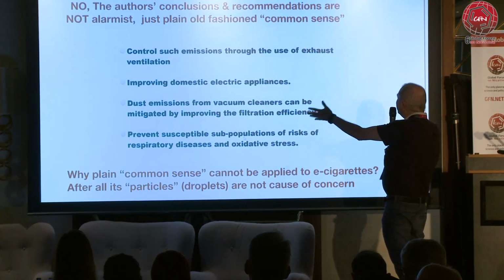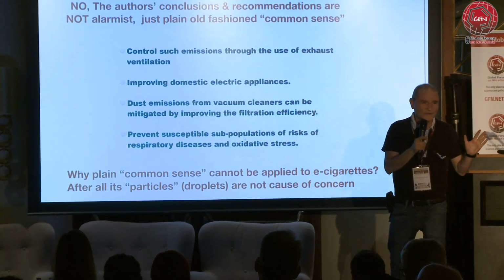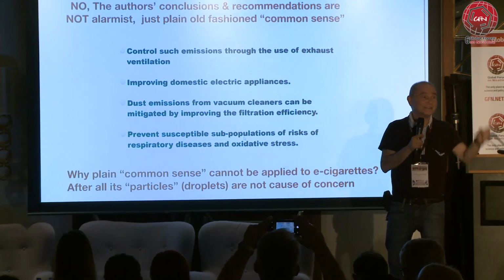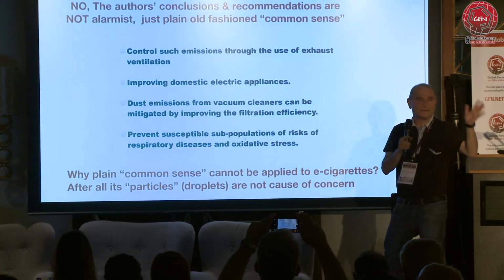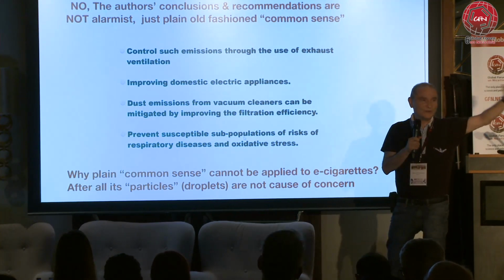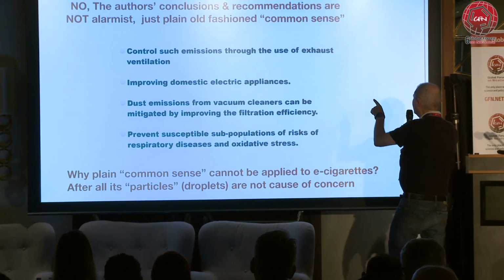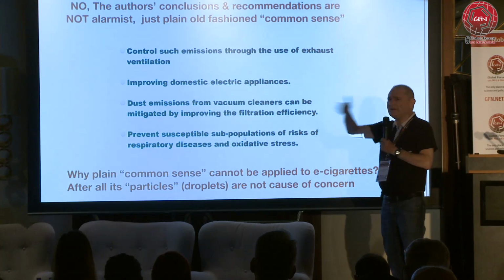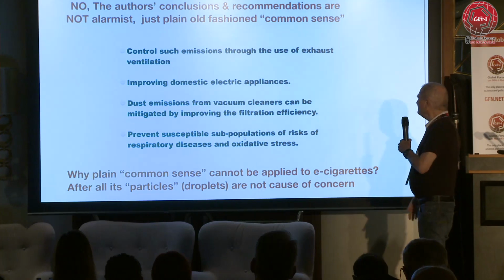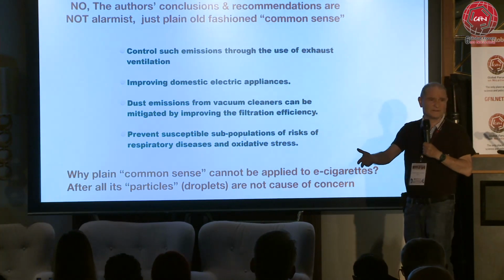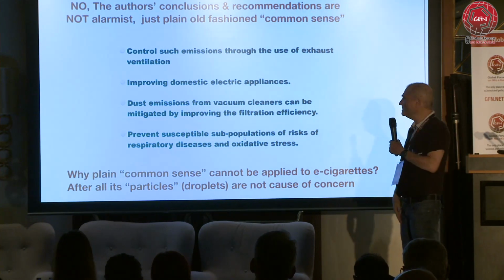The authors say, and it's the same group of authors, not other authors, funded by the same agencies, working in the same universities, etc. No, we just have to control such emissions by ventilation, or have better domestic appliances.